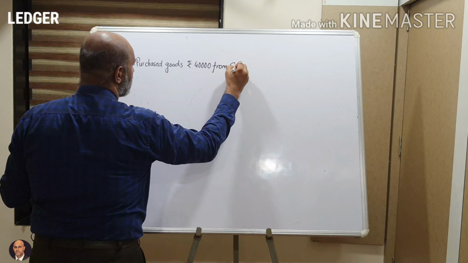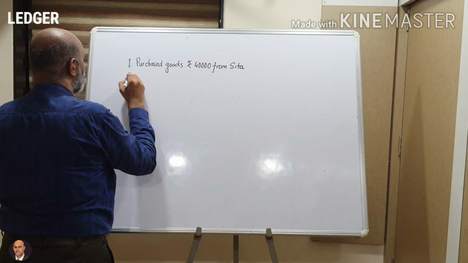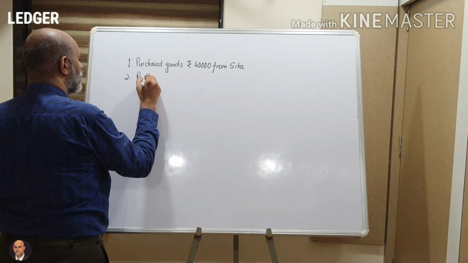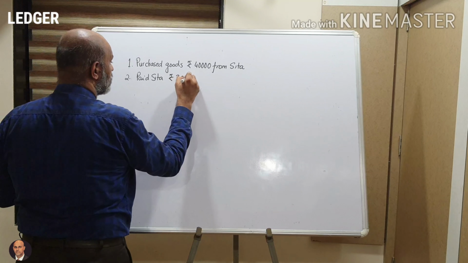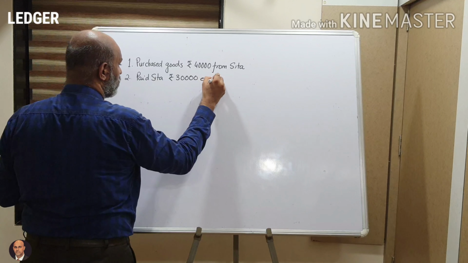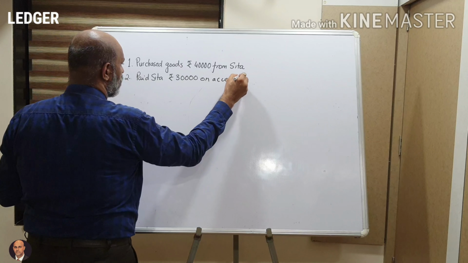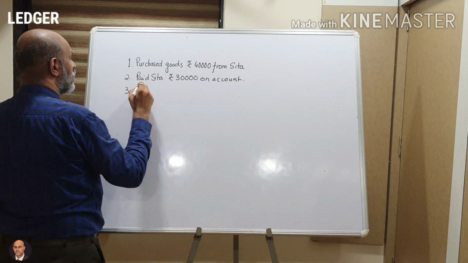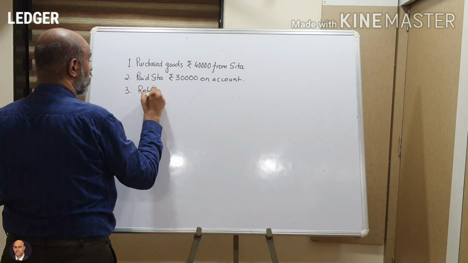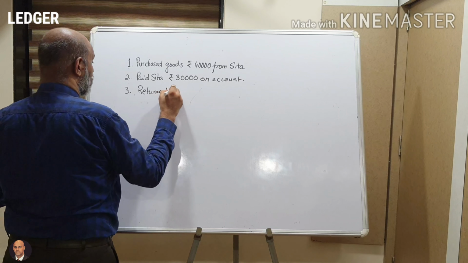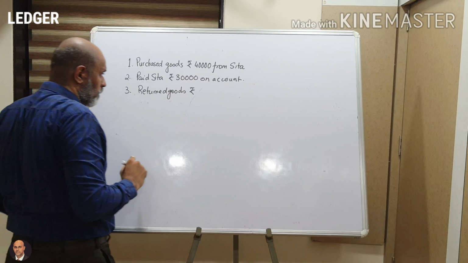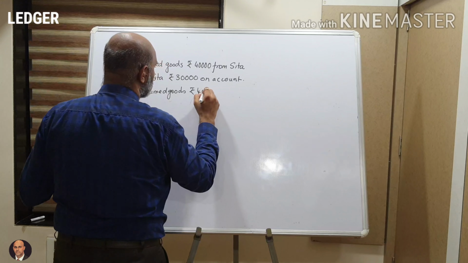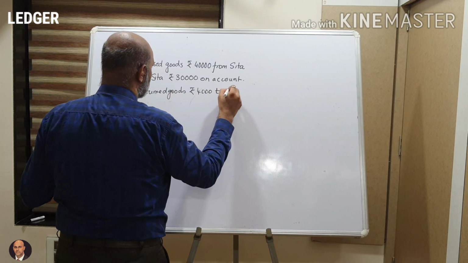Purchase goods 40,000 from Sita. Paid Sita rupees 30,000 on account. Returned goods rupees 4,000 to Sita.